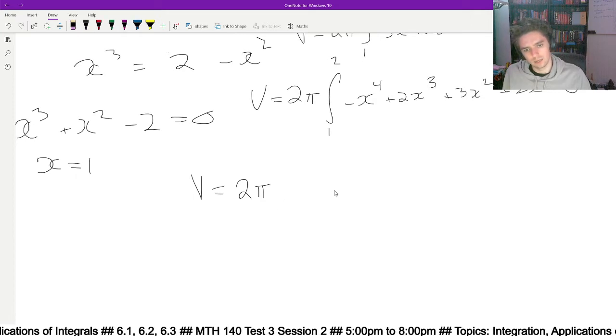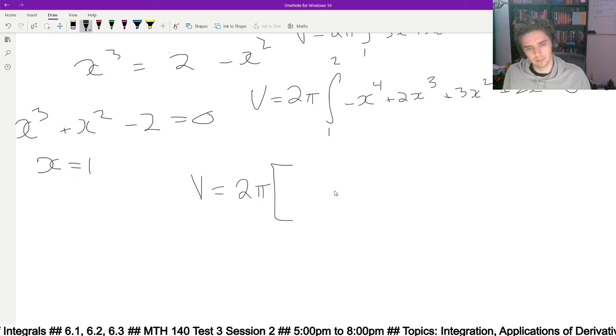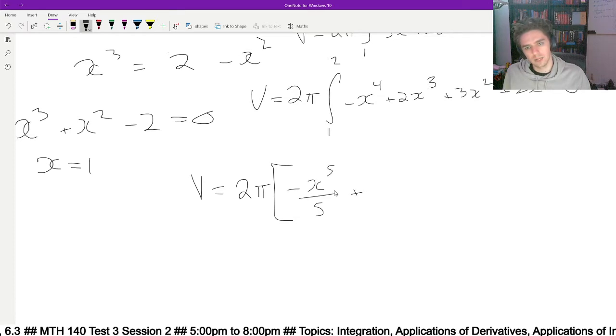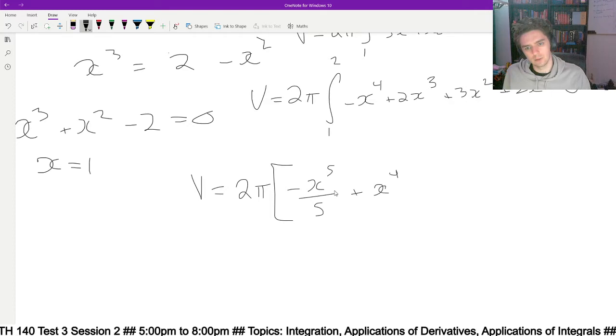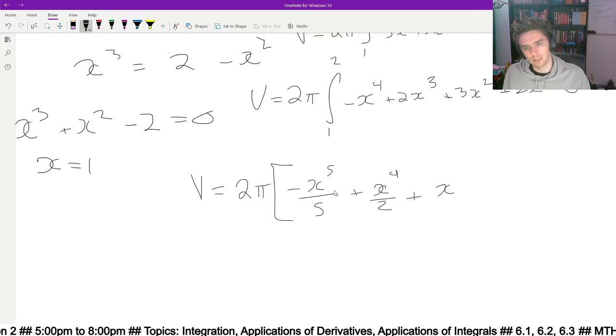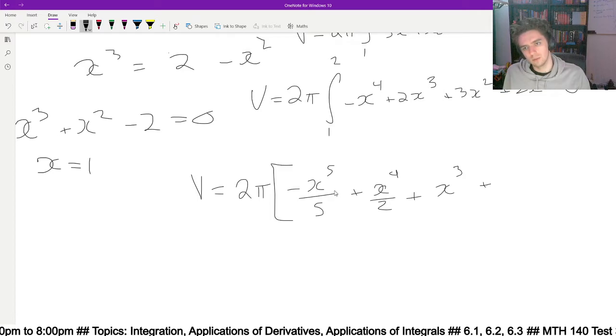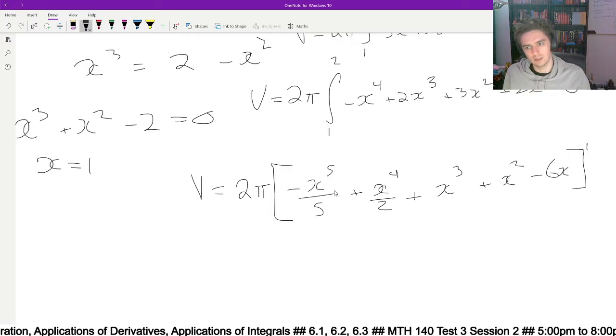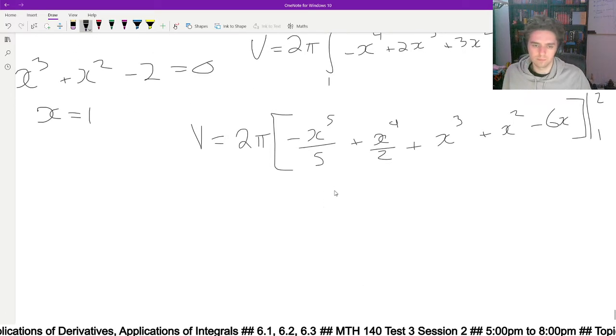Sorry, I always write that first and then I realize I'm integrating. So negative x to the 5 over 5 plus x to the 4 over 2 plus x cubed plus x squared minus 6x. Oh, not dx. Just that. Evaluated from 1 to 2.